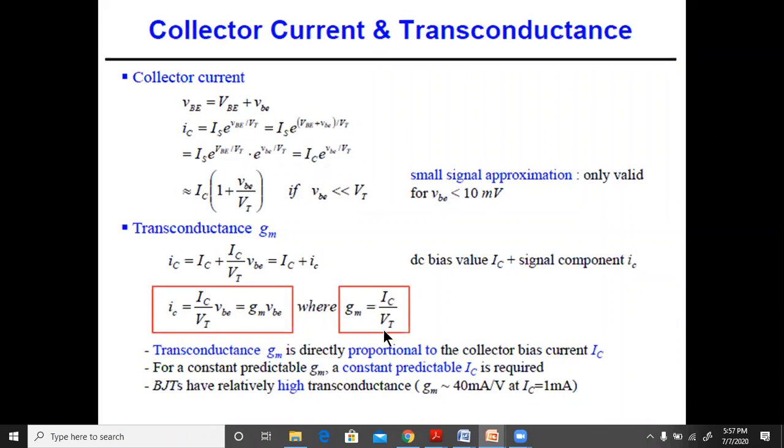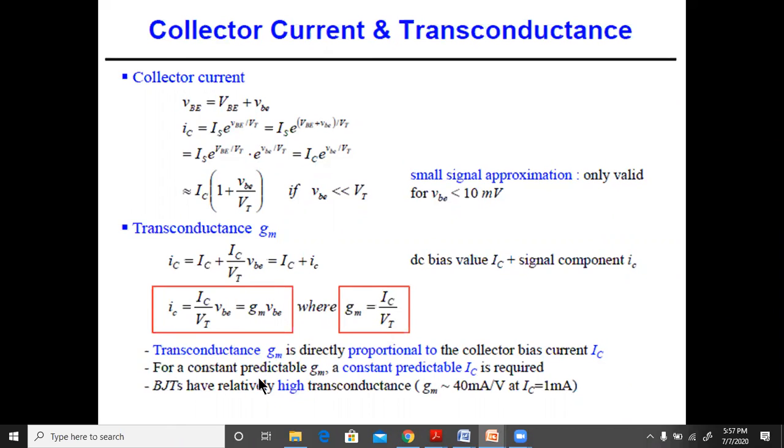This value is 25 millivolts at room temperature. So sometimes people write GM is equal to 40 IC, since 25 millivolts at the denominator just turns out to be 40 into IC.